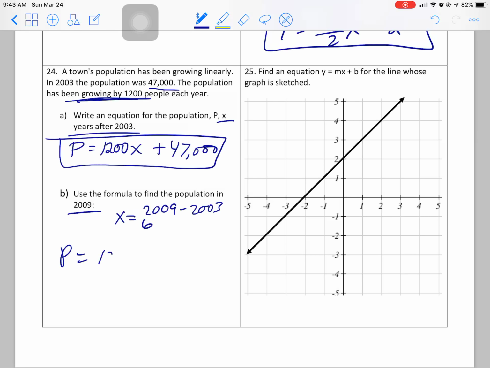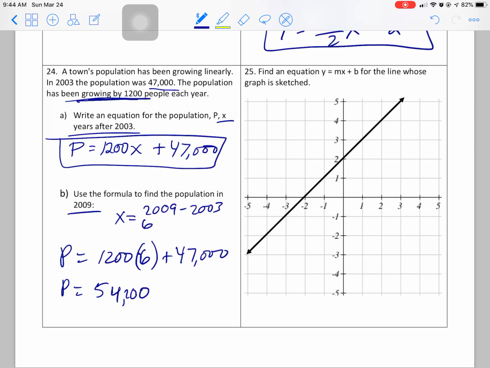So P equals 1200 times 6 plus 47. Does that make sense? Excuse me. So P equals, let's see, all I have is the final answer, which is 54.